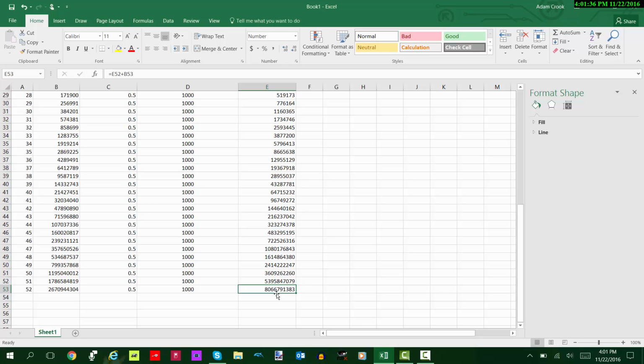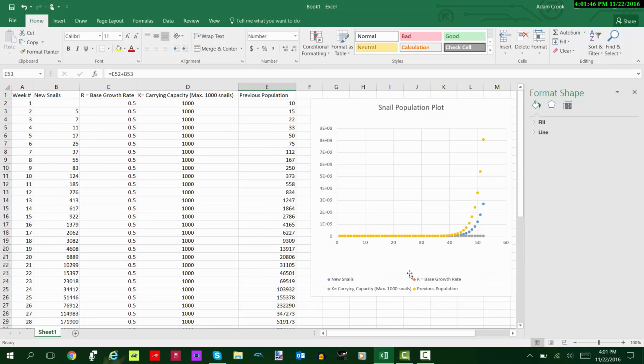We're in letter C. Do your results look like a logistic growth model? No, because you can see it change. Notice on the left of the graph, this is exponent to the 9th power.